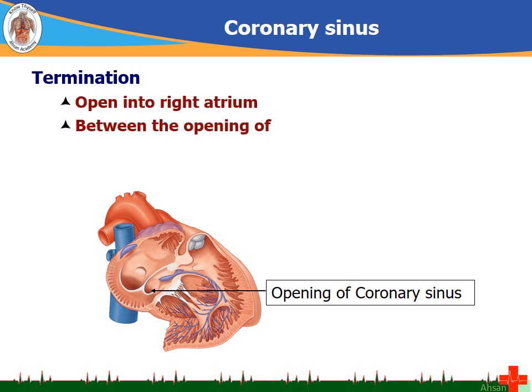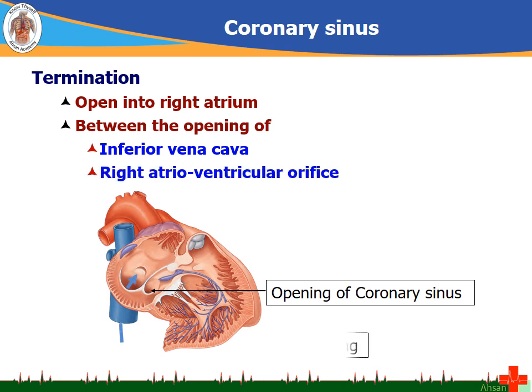The opening of the coronary sinus lies between the opening of the inferior vena cava, which is labeled, and the right atrioventricular opening, which is also labeled. So the opening is between these two structures, the inferior vena cava opening and the atrioventricular valve.